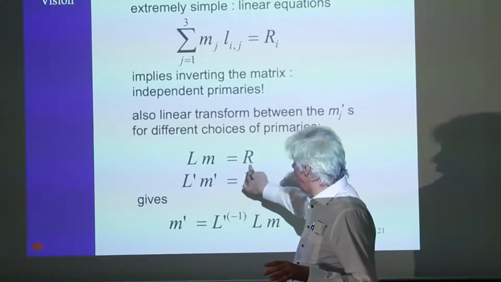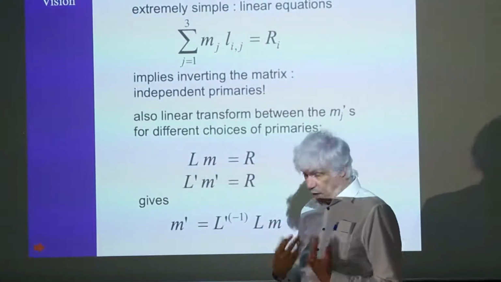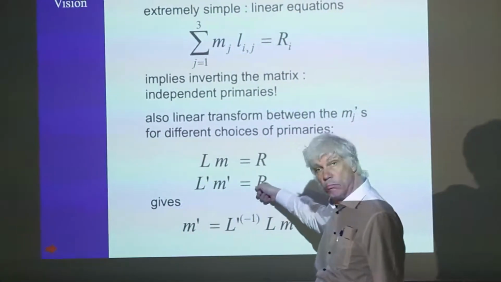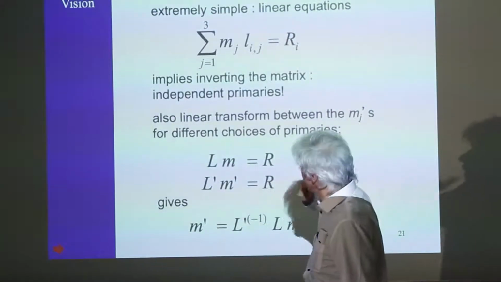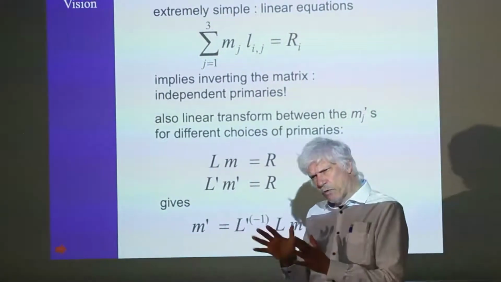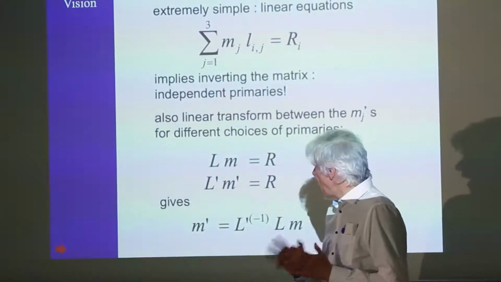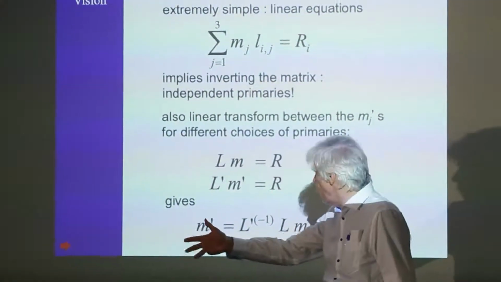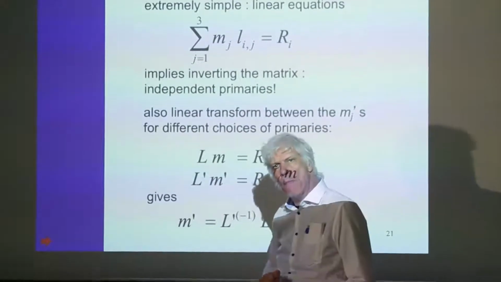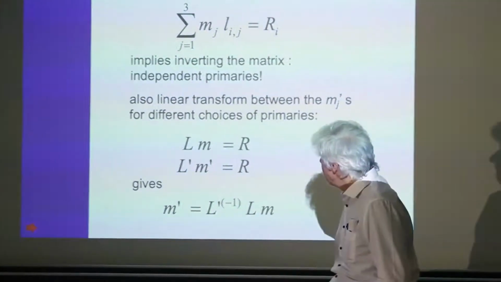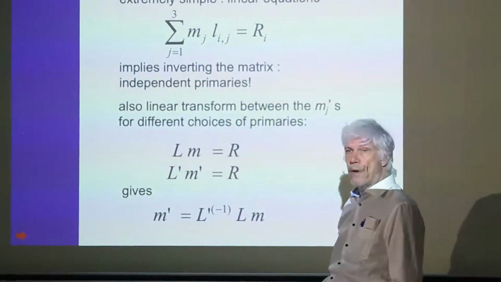LM gives us R. And now we want to have the same color, same R. But with different primaries. So all these integrals will change a little bit. These 9 numbers, this 3 by 3 matrix changes because we have now a different screen, different primaries. So we have L prime rather than the original L for the different primary sets.